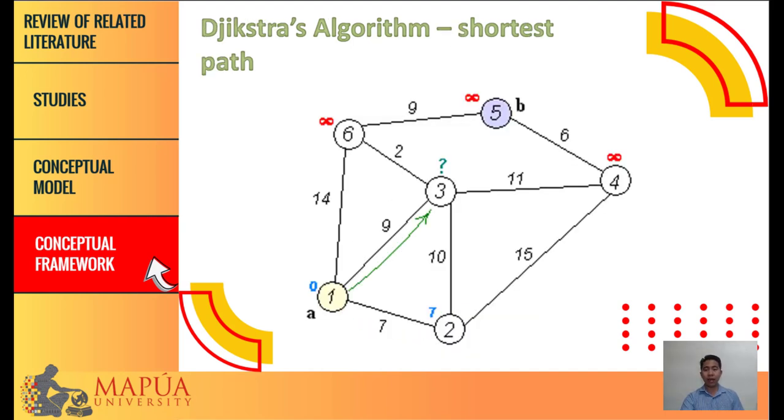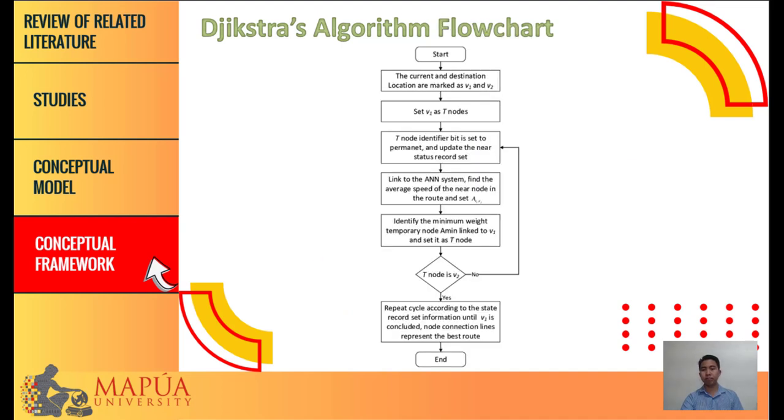Dijkstra's algorithm efficiently finds the shortest path between 2 points in a network by iteratively exploring connections and updating the shortest known distance to each node. This method is crucial for optimizing fiber optic networks, ensuring data travels the most effective route to minimize delays and enhance performance.